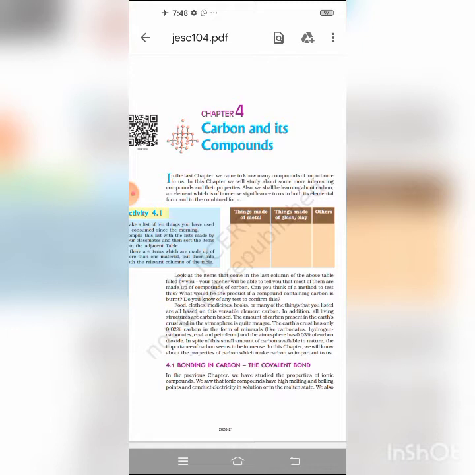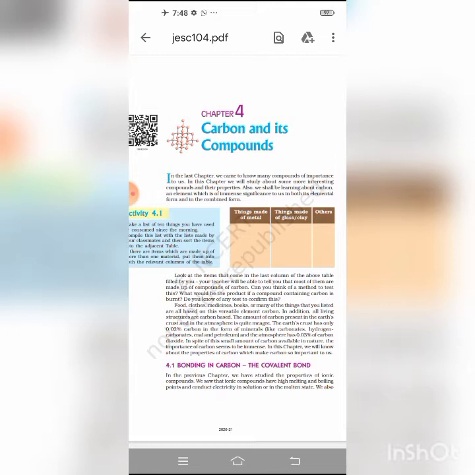Carbon, phosphorus and sulfur have allotropes. So, student, allotropes are the forms of the same substance which have different physical properties but have the same chemical properties. Diamond and graphite are allotropes of carbon.